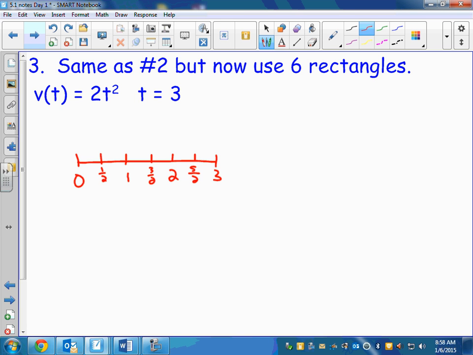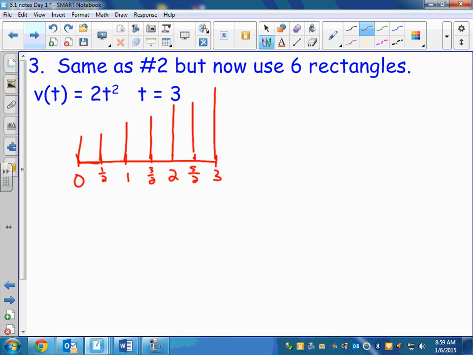I'll even just draw some here. It's going to look something like that, because I think it actually starts down here, going up like that. But I have 1, 2, 3, 4, 5, 6 rectangles. Everybody with me on that? What is the width of each one of those rectangles?